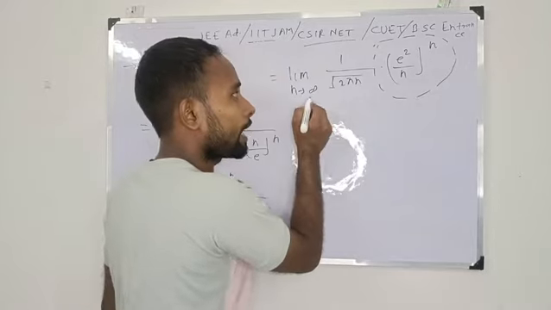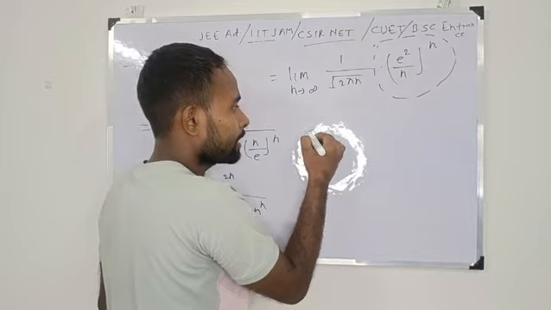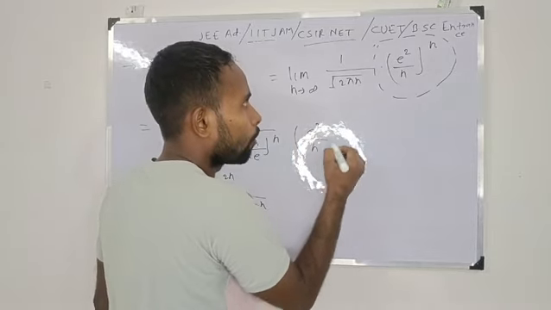When n tends to infinity, what will happen? Look at (e square upon n) whole to the power n.